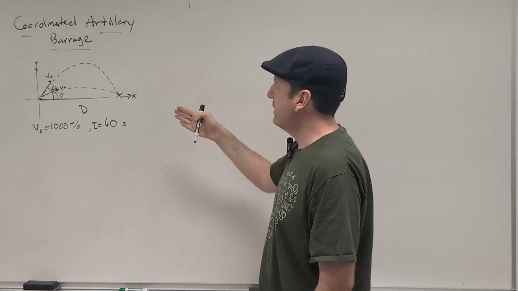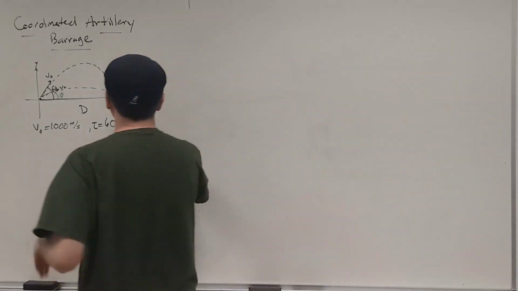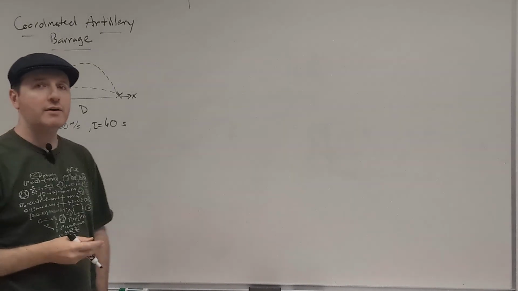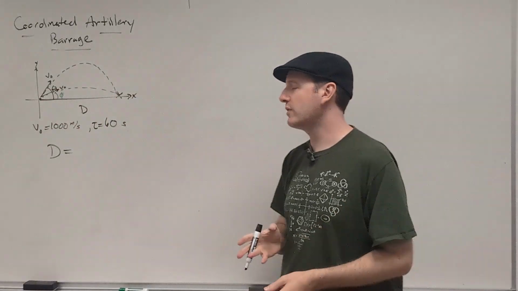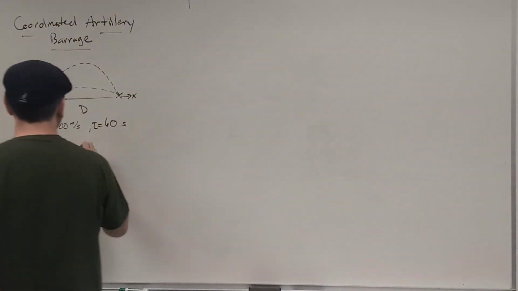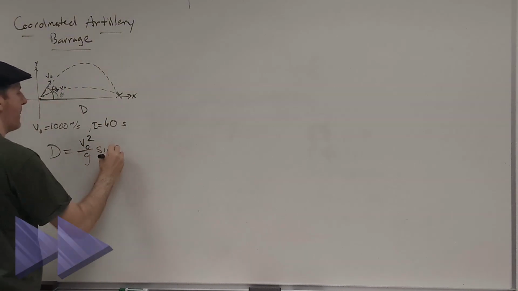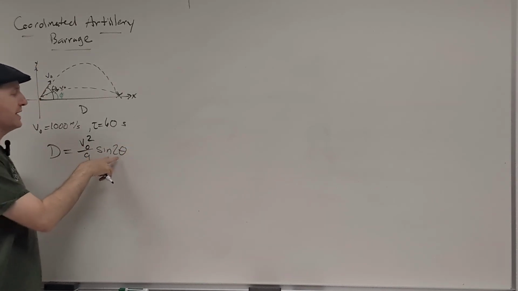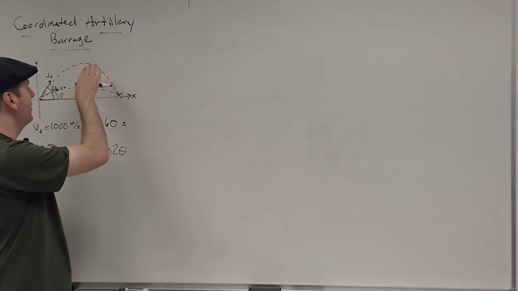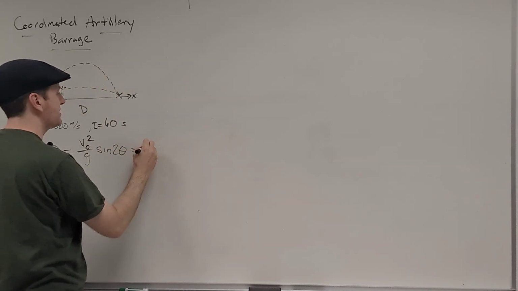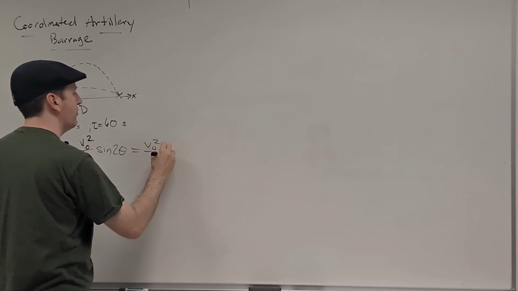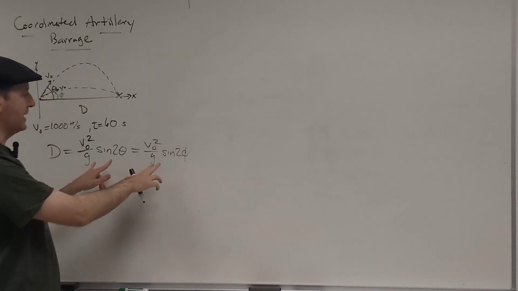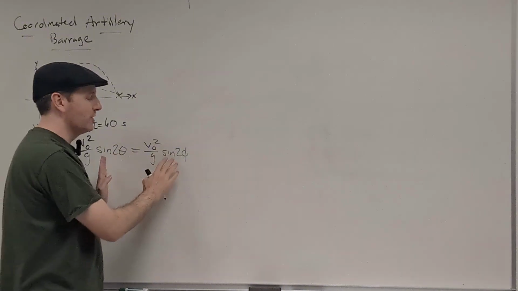Okay, well, let's start by recognizing that since they're both going the same distance, I can use my usual range formula, which is going to be V naught squared over g sine 2 theta for the top one, but has a very similar look for the distance traveled by the lower projectile, the lower trajectory.